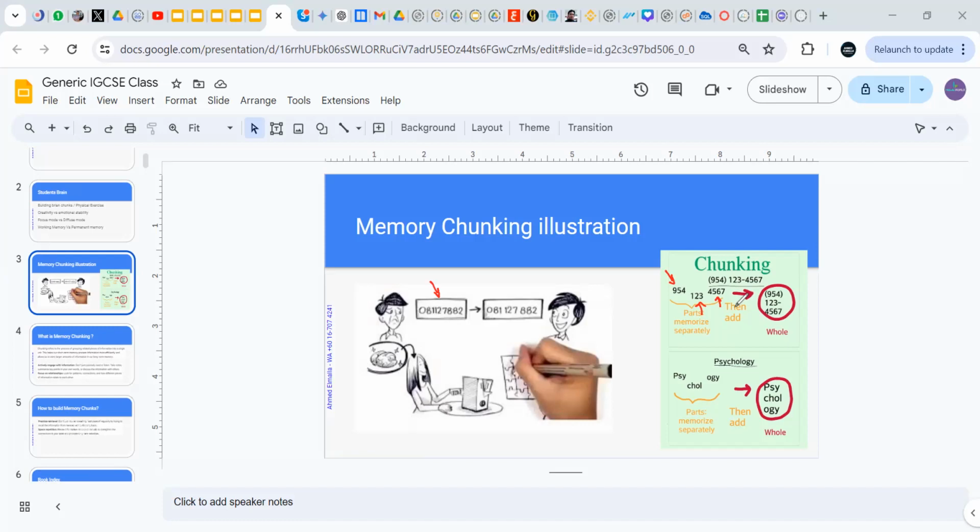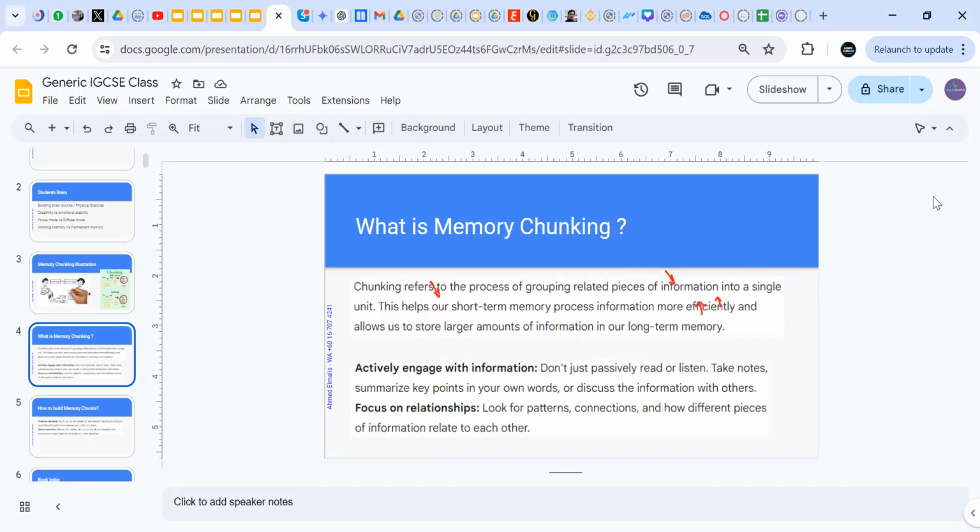Now let me tell you, if you want to make proper memory chunking in your brain, you have to engage with the information. The information can be computer science, it can be any subject. I would say, don't just passively read or listen.